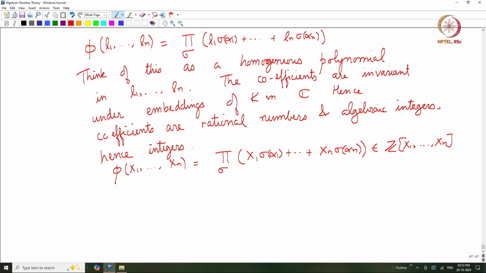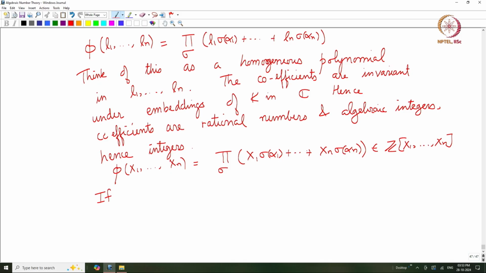So, within a certain neighborhood of the origin I never get an integer. This is a homogeneous polynomial of total degree n, and how many terms can this have?